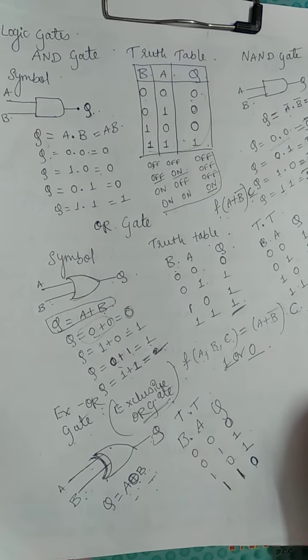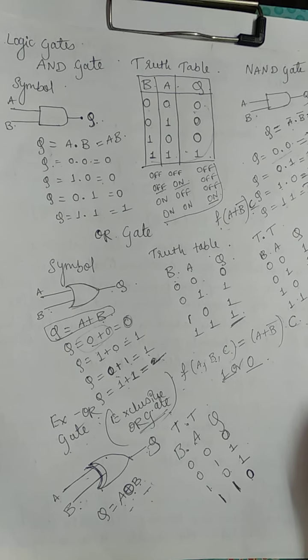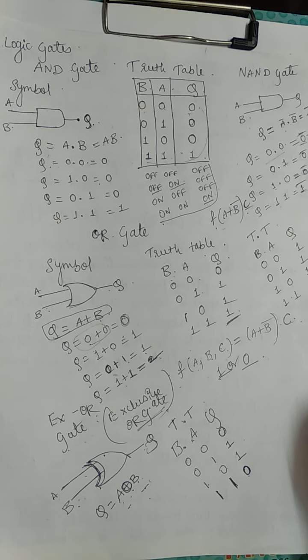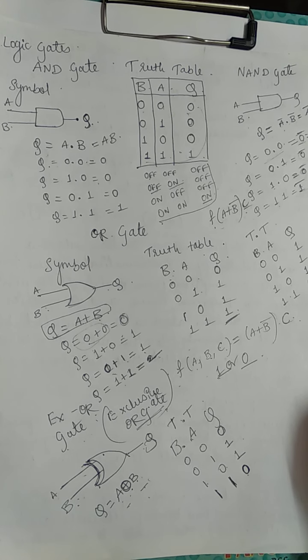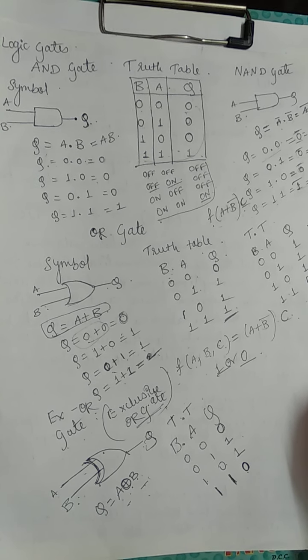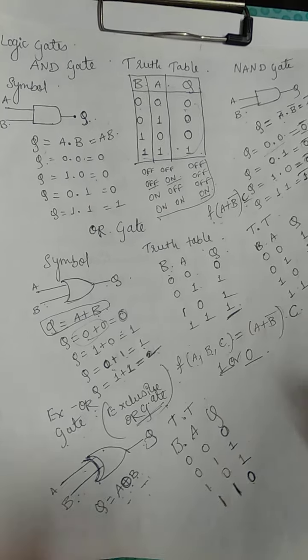So till now we have studied 4 gates: AND gate, OR gate, NAND gate and XOR gate, that is the exclusive gate.